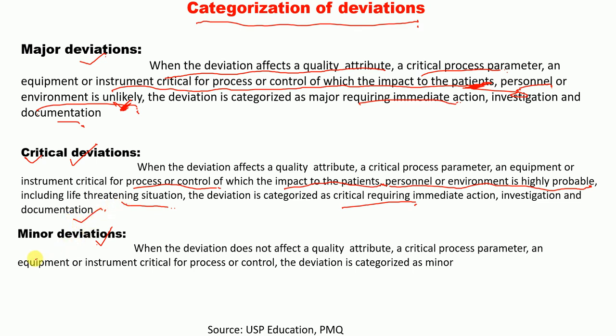Okay, so minor deviations. A minor deviation is when the deviation does not affect a quality attribute, critical process parameter, equipment or instrument critical for a process or control. Such a deviation is categorized as minor.